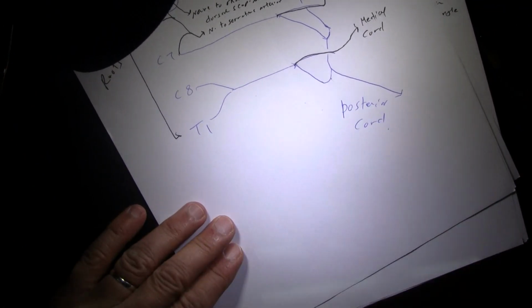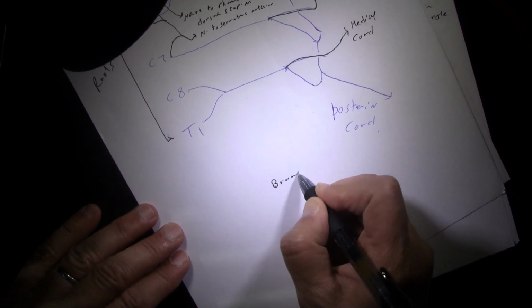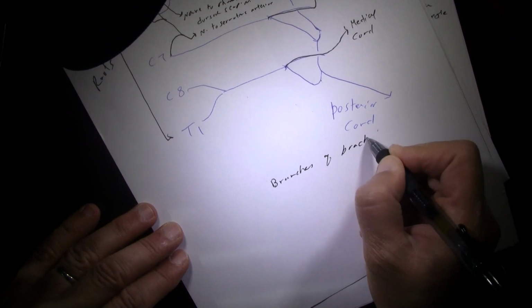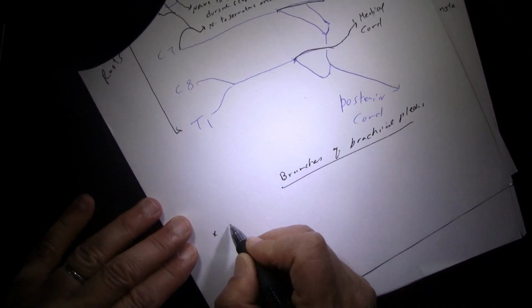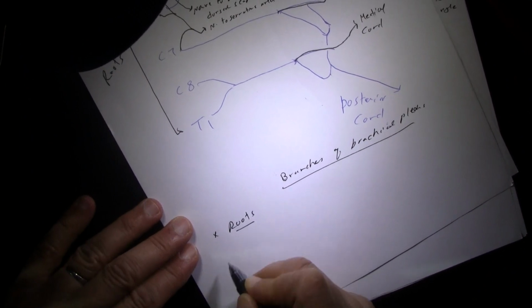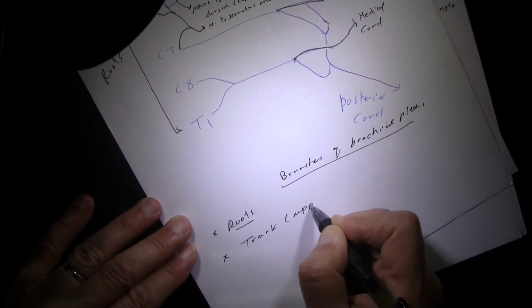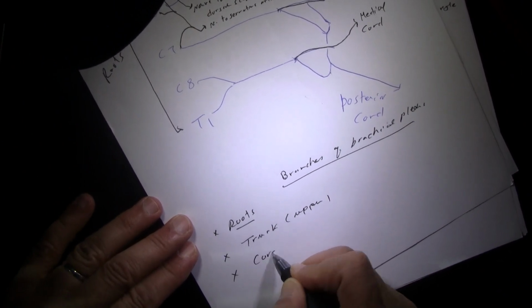What are the branches from cords? Branches of the brachial plexus: you will see branches coming from roots, branches coming from the trunk, the upper one, then branches coming from cords.